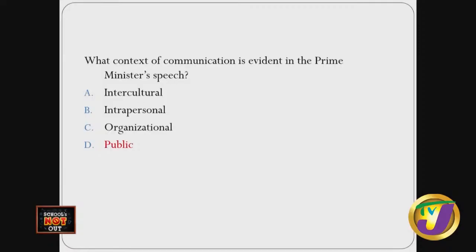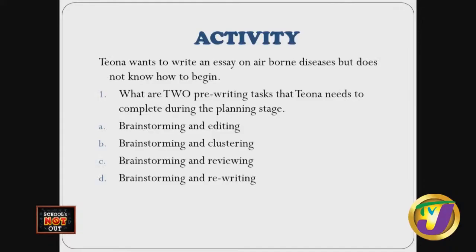All right. Tiona wants to write an essay on airborne diseases but does not know how to begin. What are 2 pre-writing tasks that Tiona needs to complete during the planning stage? Brainstorming and editing, brainstorming and clustering, brainstorming and reviewing, brainstorming and rewriting.